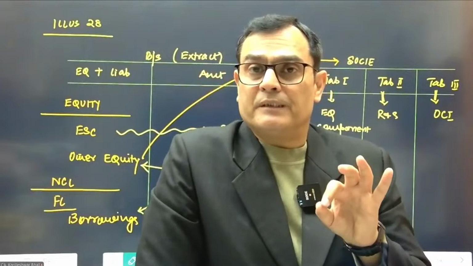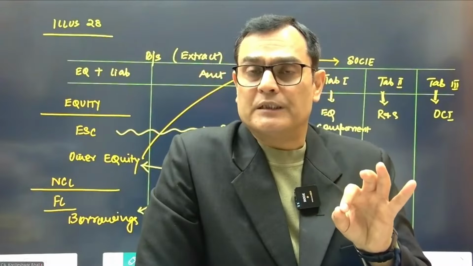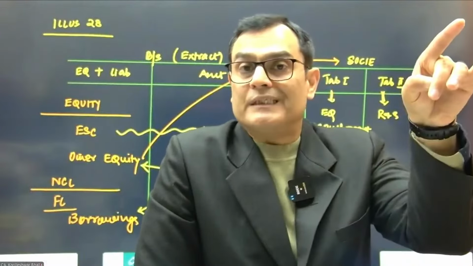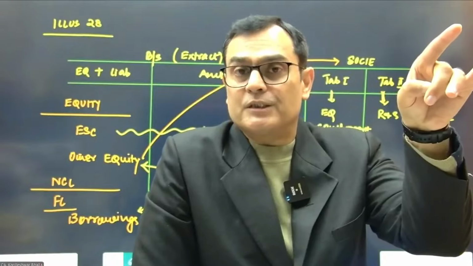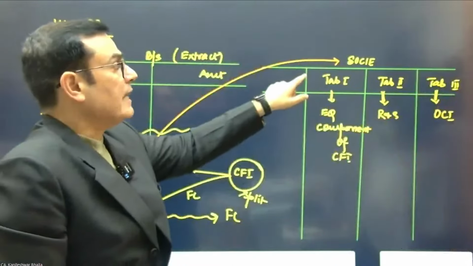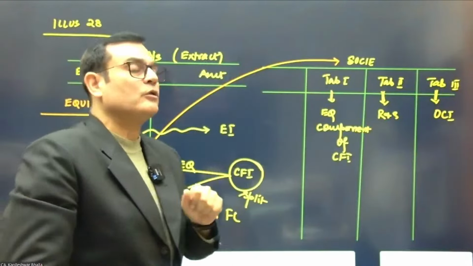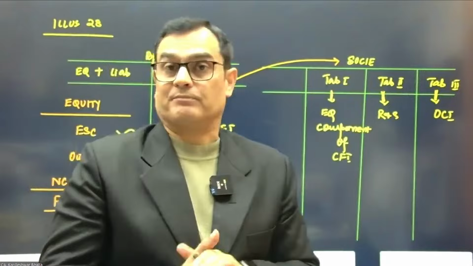So whenever a company would issue a compound financial instrument, you can go to the SOKI and watch out that in tab number 1, there is going to be equity component of compound financial instruments.